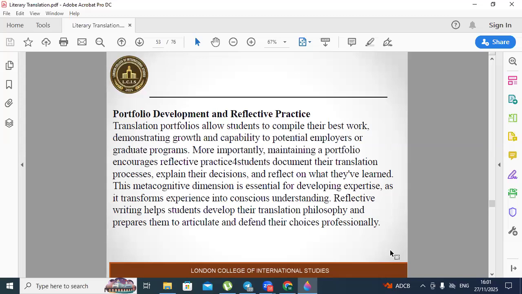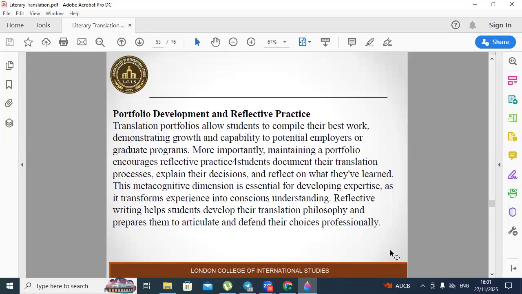This metacognitive dimension is essential for developing expertise as it transforms experience into conscious understanding. Reflective writing helps students to develop their translation philosophy and prepares them to articulate and defend their choices professionally.